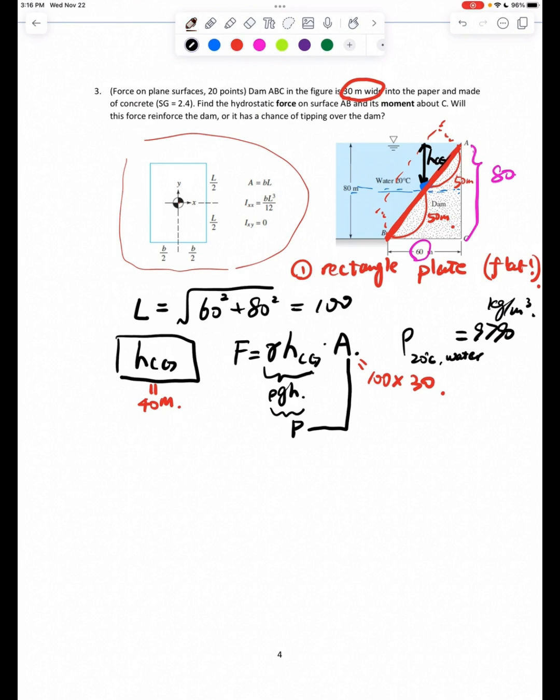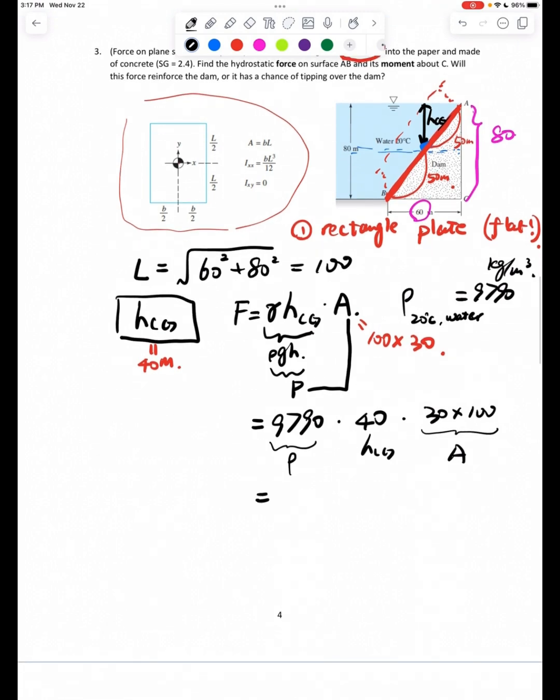So this makes our F equal 9790, this is rho, multiplied by 40, this is HCG, multiplied by 30 multiplied by 100, and this is our A. So it equals 1.175 multiplied by 10 to the 9 newtons.